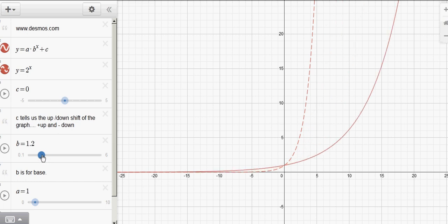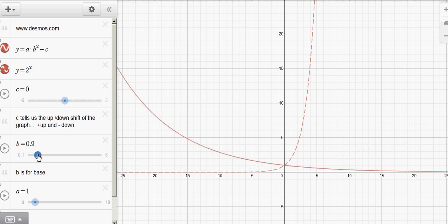And something interesting will happen here as we keep going down. When b is equal to 1, nothing's happening. Mathematically, that's saying 1 to the power of something. Well, 1 to the power of anything is always going to be 1. It doesn't change, and that's why we get that equation there. But aside from the special case of 1, when b is bigger than 1, it's increasing.